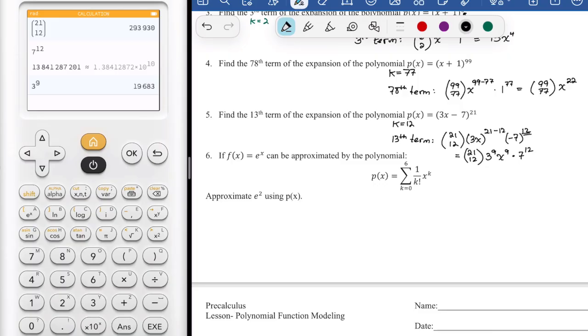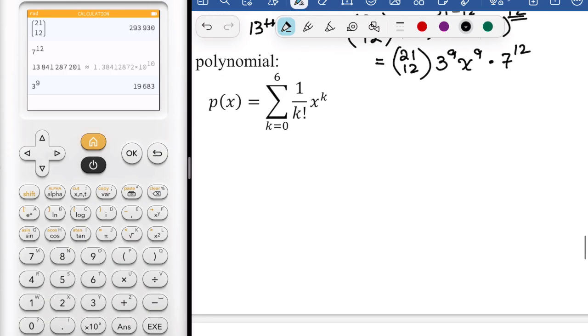Then number 6, we're saying f of x can be approximated by this polynomial, right? Lovely looking polynomial. If I want to approximate e to the x using that function, then one thing that I could do, I would expand it out. All right, we'll start off with that, going from 0 to 6.